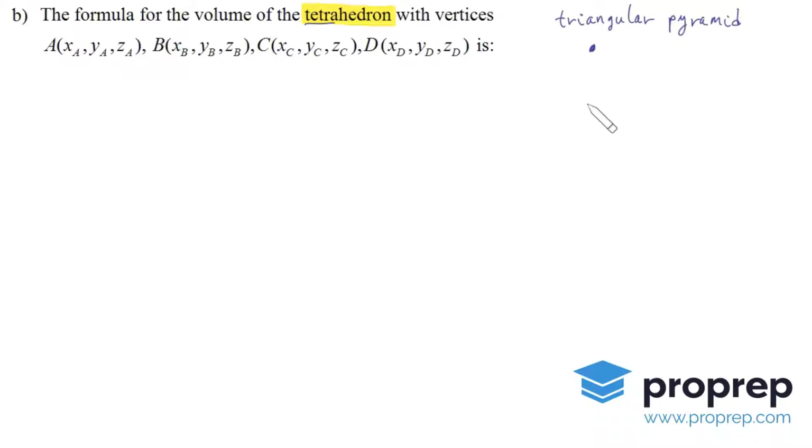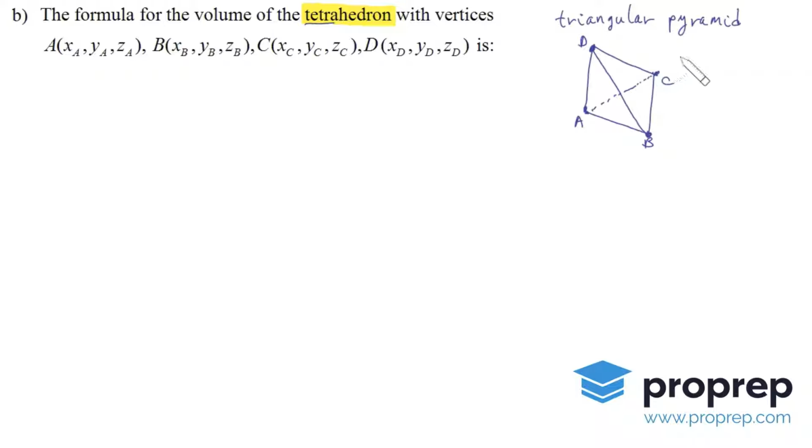If we take points A, B, C and D, then it might look like this, with the hidden edge here, and there's an edge here.